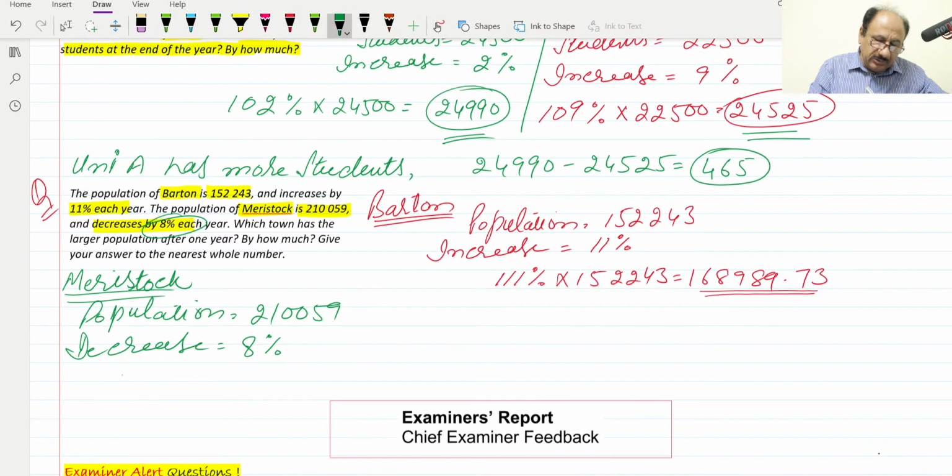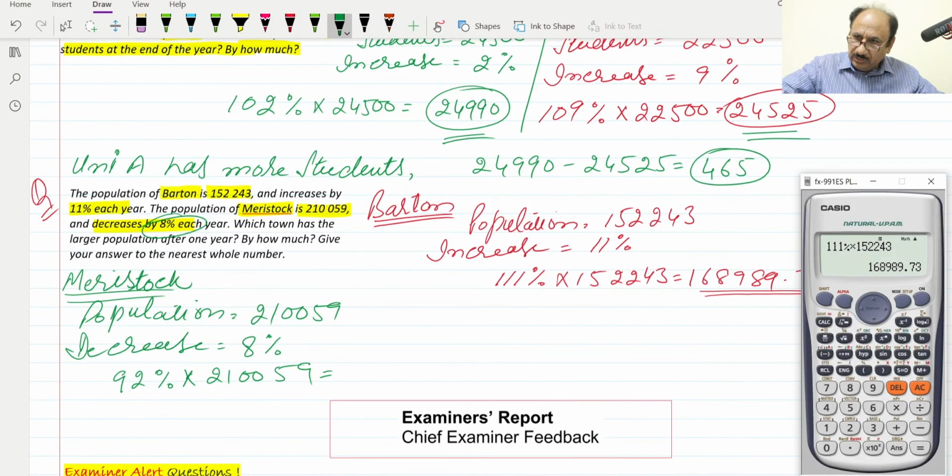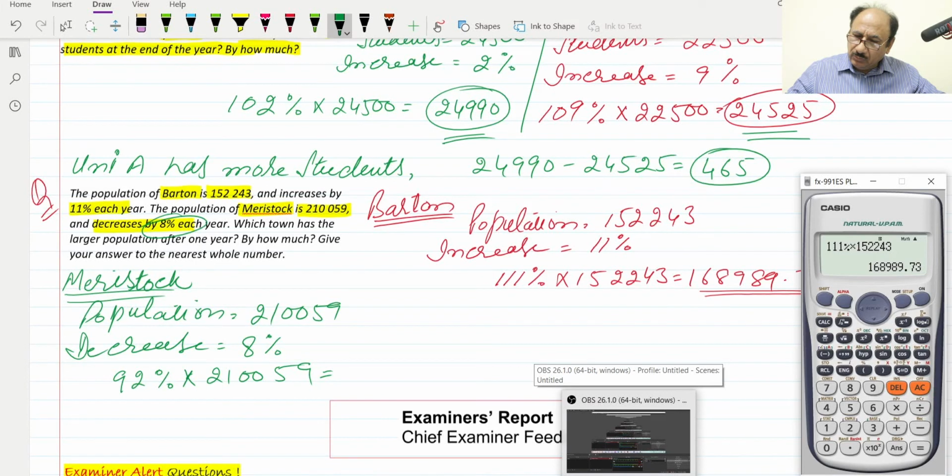So 8% means 100 minus 8 will be 92%. So 92% of 210059, and this will be equal to what? We can calculate this amount.